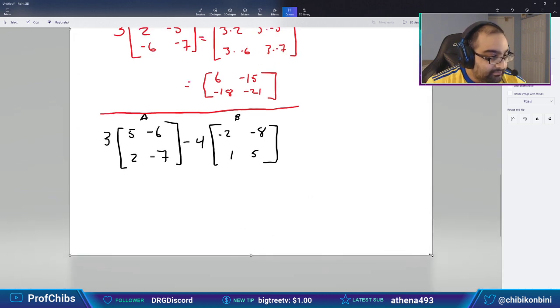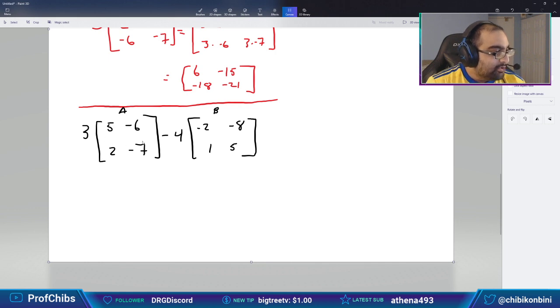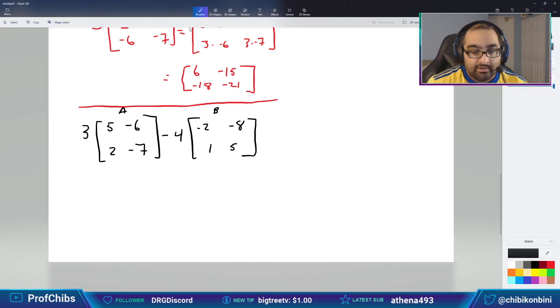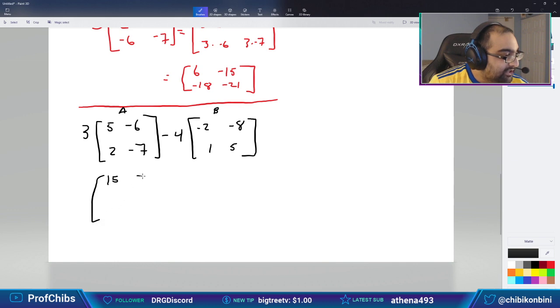Okay. Just like regular order of operations, you have to multiply before you add or subtract. So here we get 15, -18, 6, and -21. Then we multiply the 4 first, so we get -8, -32, 4, and 20.